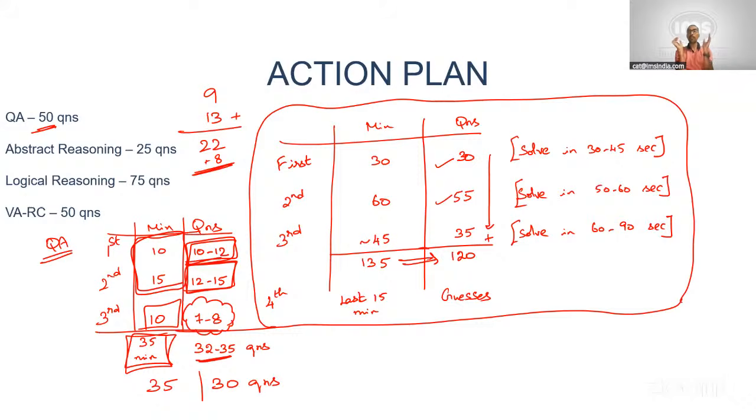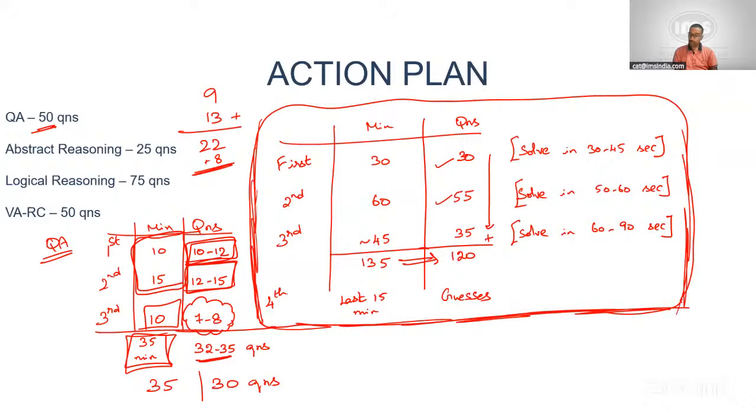So I hope you all understand how to make an action plan and execute it based on an exam. Here we are specifically discussing CET only. So the bigger picture is the action plan I am recommending involving all the sections.